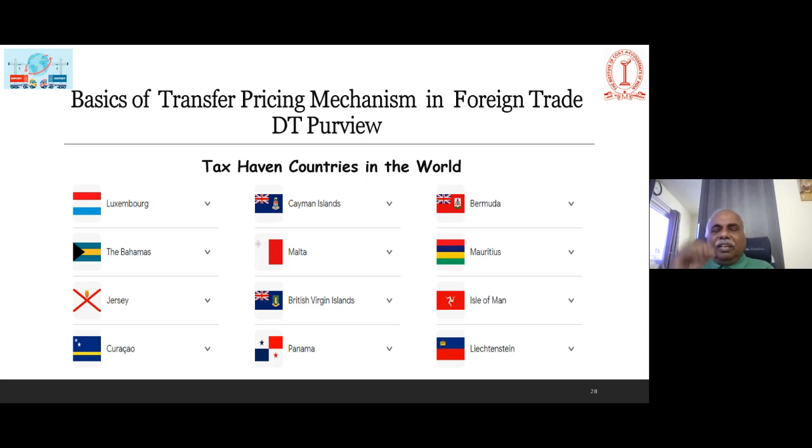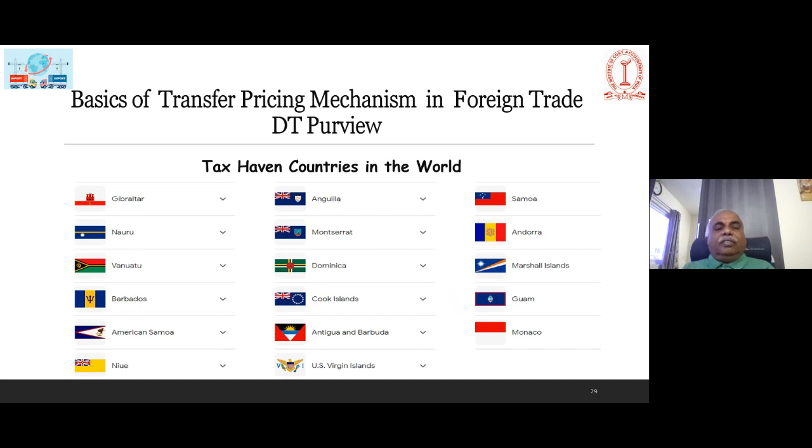In these countries tax is nominal, minimum, and these countries also. So these countries are also tax havens. That's why some countries have high taxes, some countries low taxes.